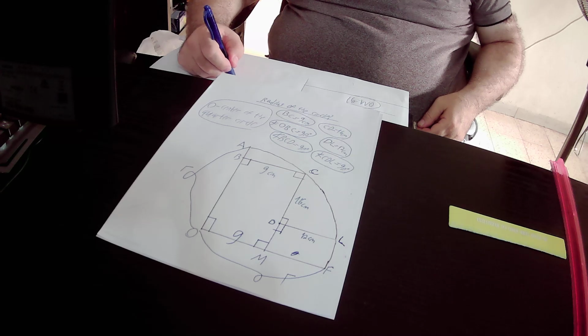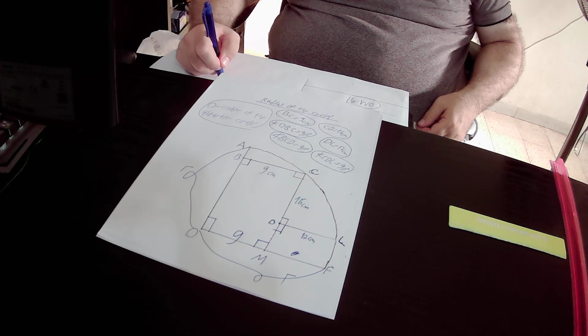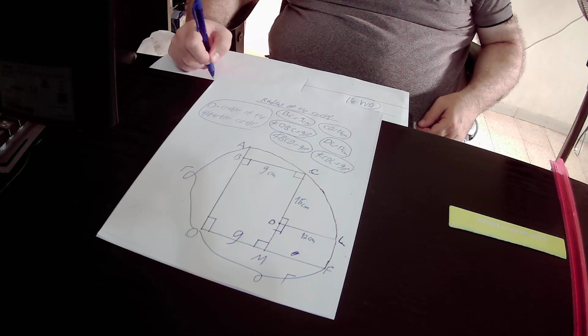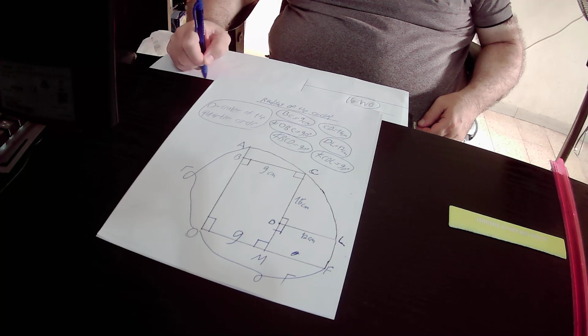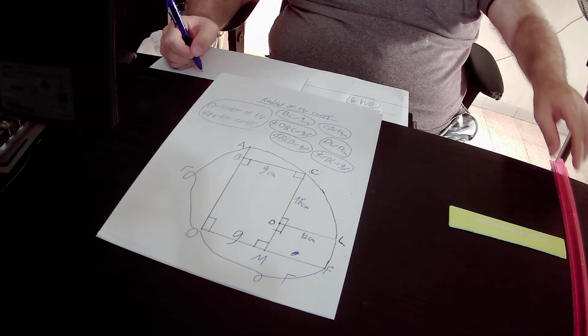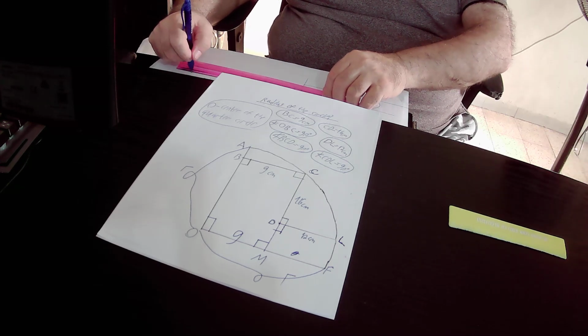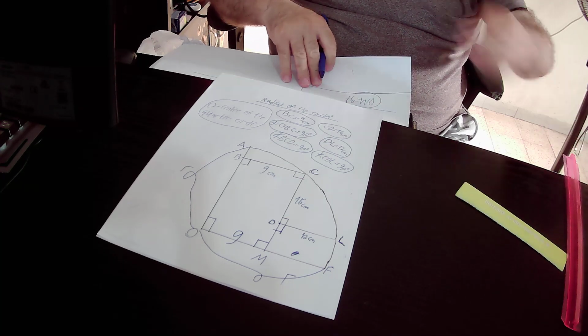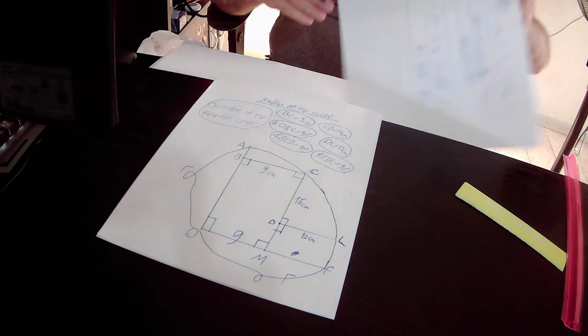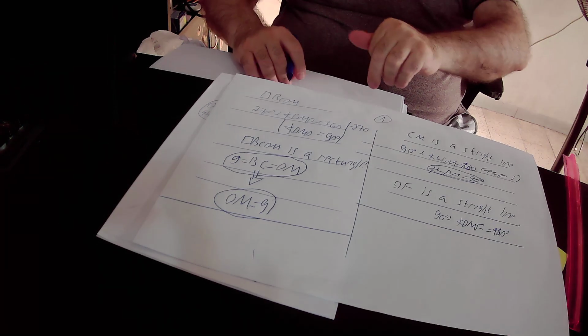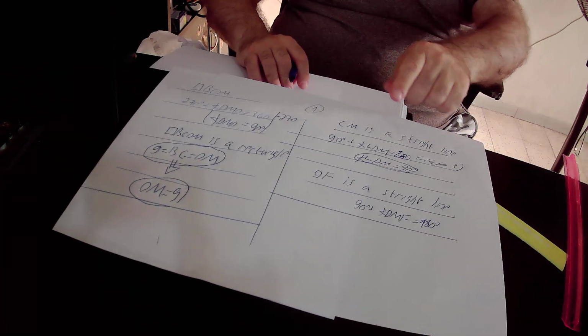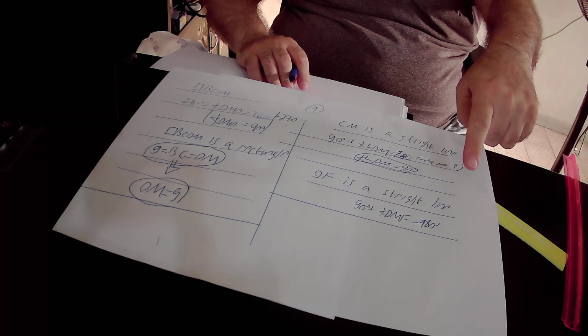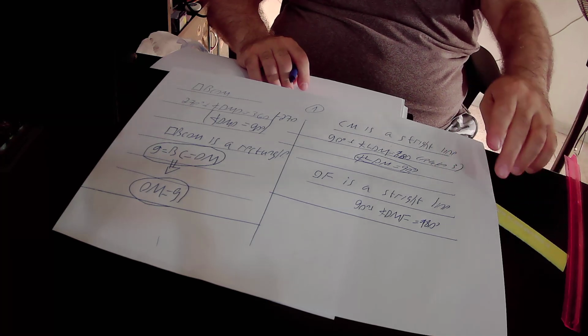In total, the sum of those two angles must be equal to 180 degrees. Repeat again, 90 degrees plus angle DMF must be equal to 180 degrees according to rule number 3.